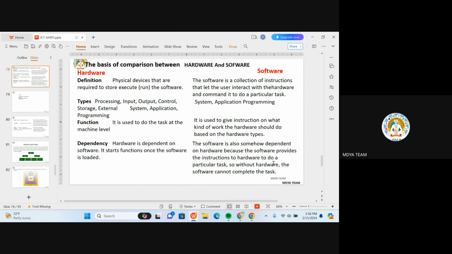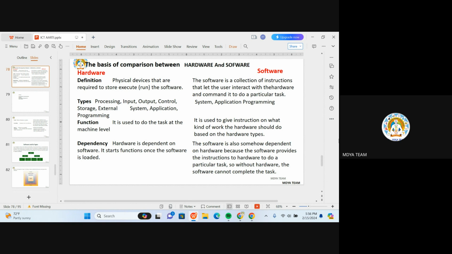Suppose your touch is not working on the mobile. The data and software are present in your smartphone, but your touch is not working. How will you work?